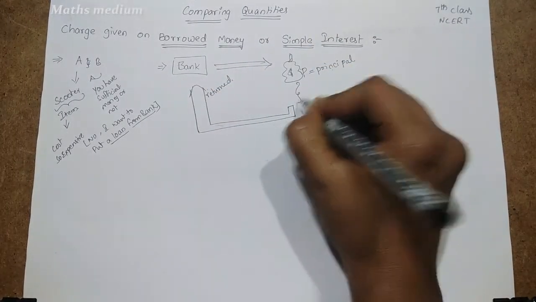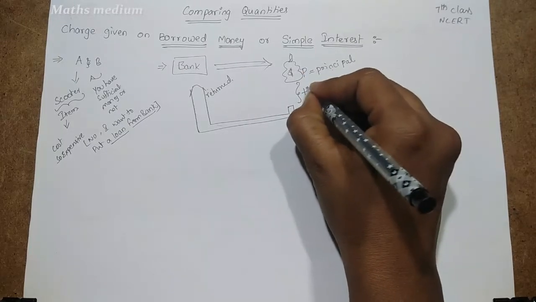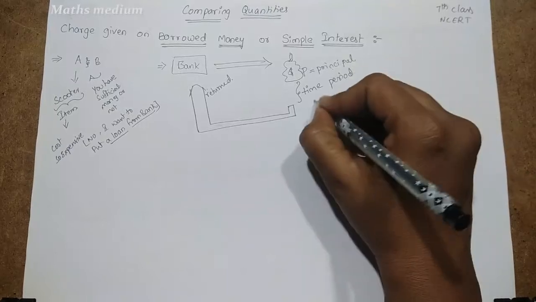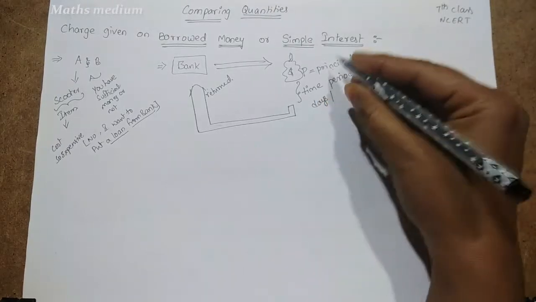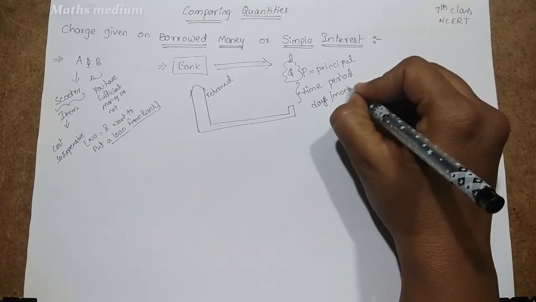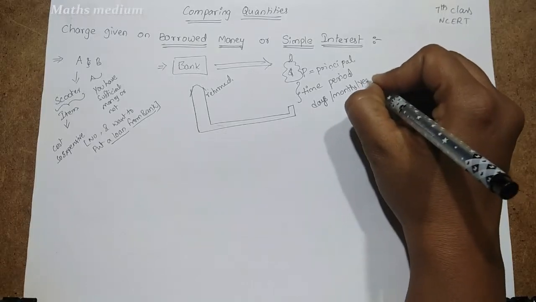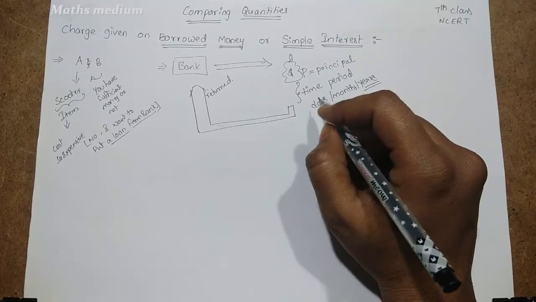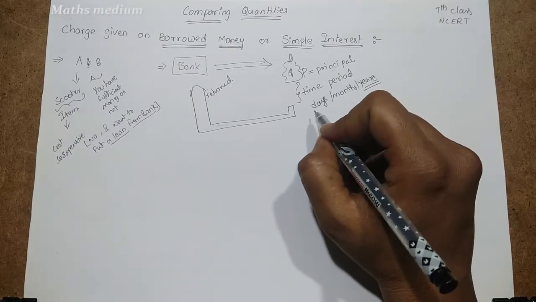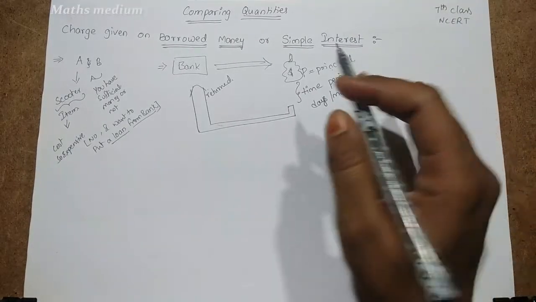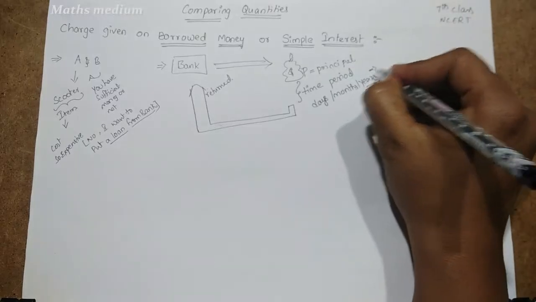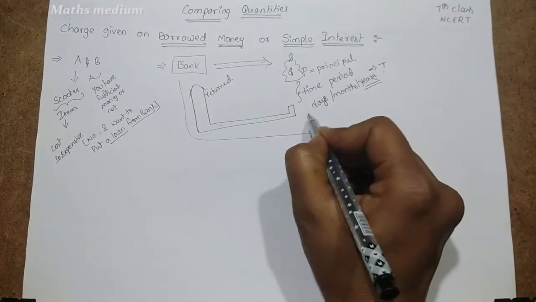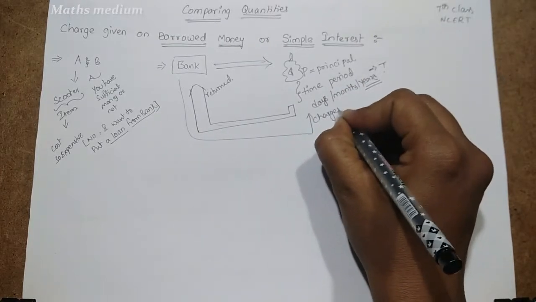But in between these two, we have some time period. It may be days or months or years. Usually we use years, but I am going to tell you about it in detail. This is called T. For this time, the bank has some charges on that.